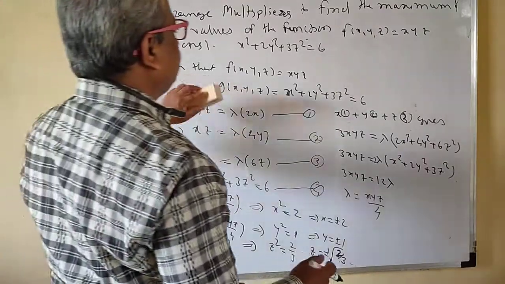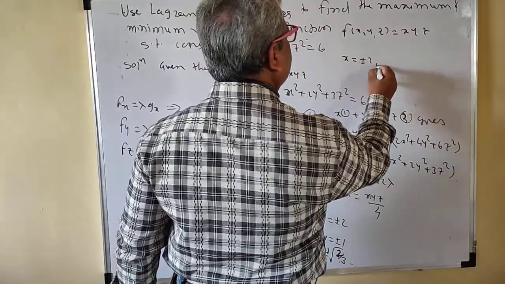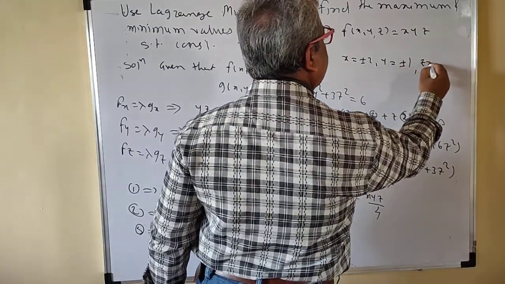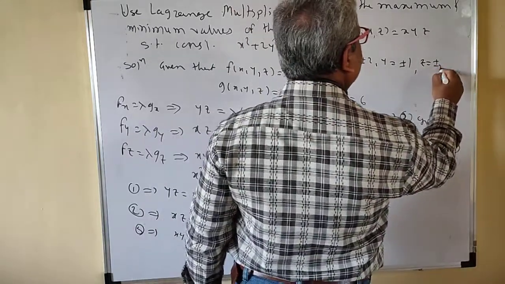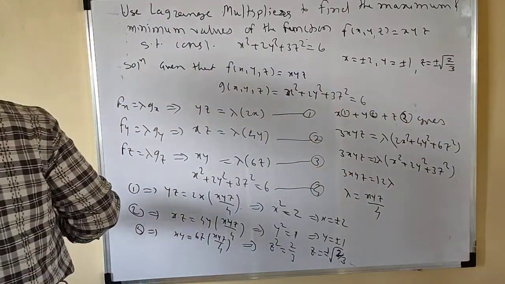So what we get? The value of x is plus or minus root 2, y is equal to plus or minus 1, and z is equal to plus or minus root 2 by 3.